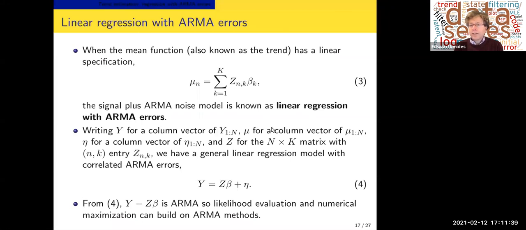Now we're really in a situation to talk about good covariance structures for time series data, because we have the class of ARMA models which specifies a covariance structure, depending on which ARMA model you pick. So likelihood evaluation and numerical maximization of model 4 can be built on ARMA methods. In particular, Y minus Z beta is ARMA in this model.